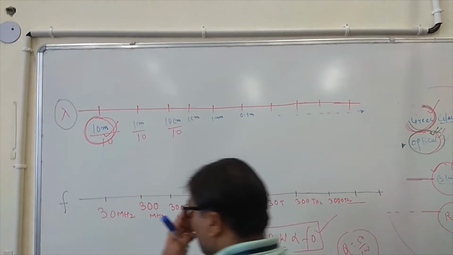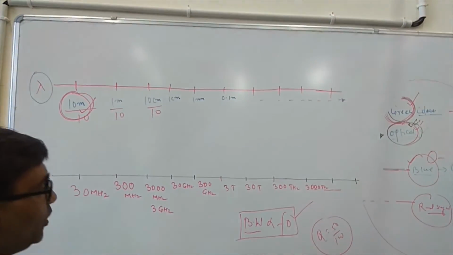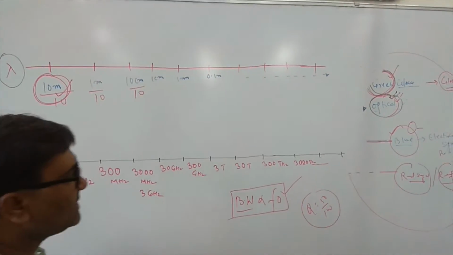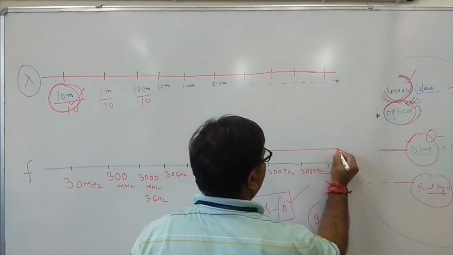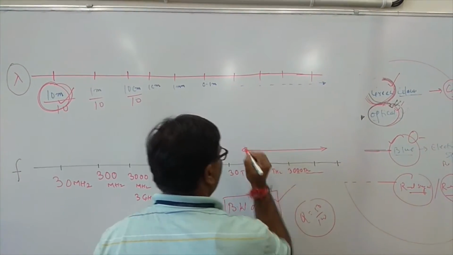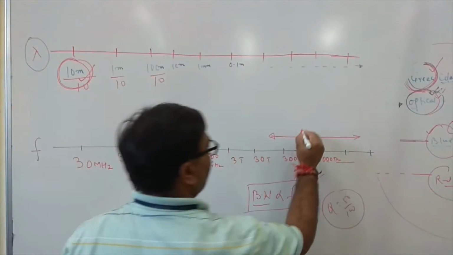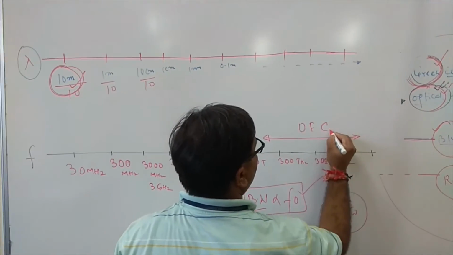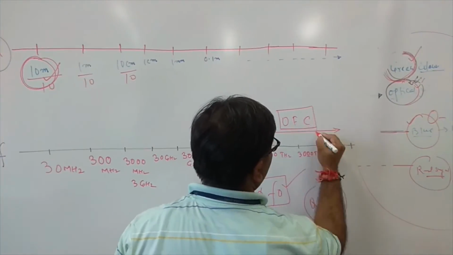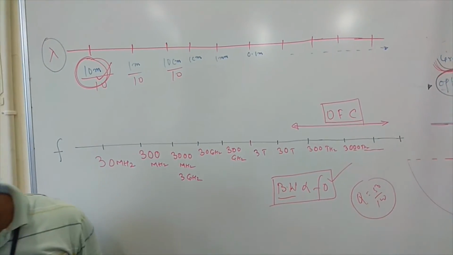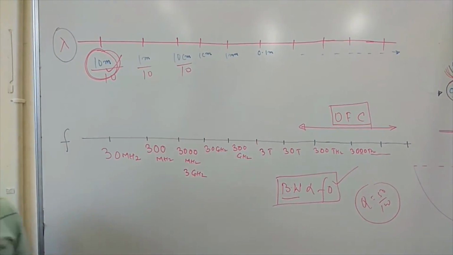Now, if I told in the first class very very larger bandwidth or infinite bandwidth, that means it should be here. Who should be here? Optical fiber communications. So understood? So frequency support of optical fiber communication is here. So it's really really important.